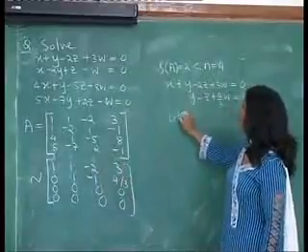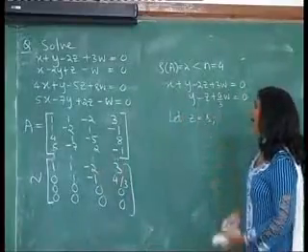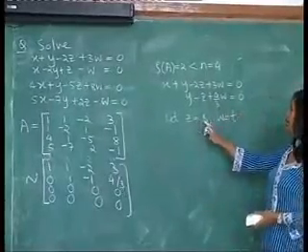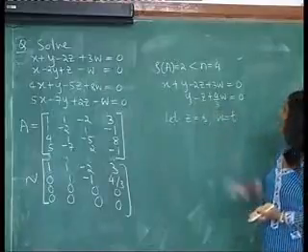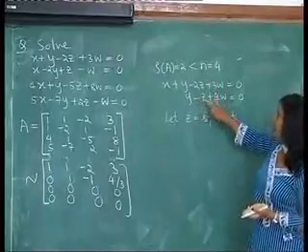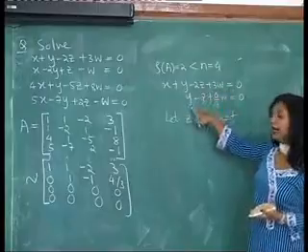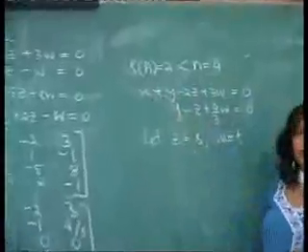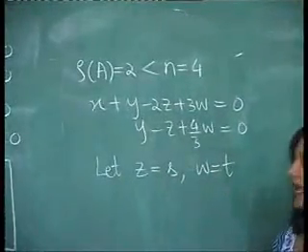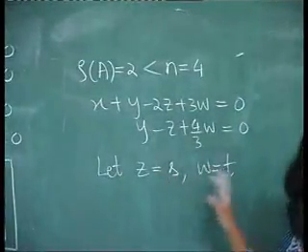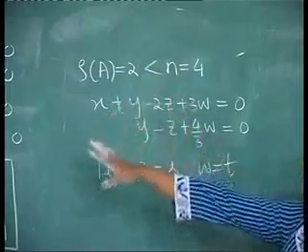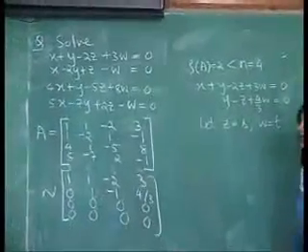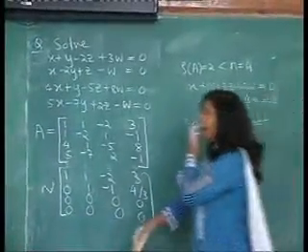So to these non-leading variables, I'll assign arbitrary values, and when I substitute for y, z and w, I'll get x also in terms of s and t. And as s and t take different values, we'll get different solutions for this homogeneous system, and in this case, we get infinitely many solutions.